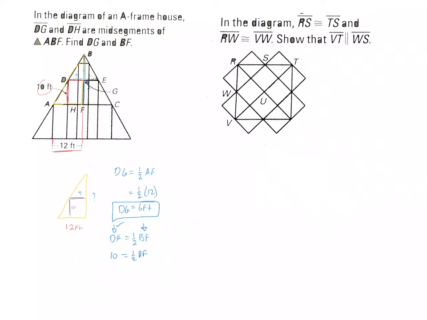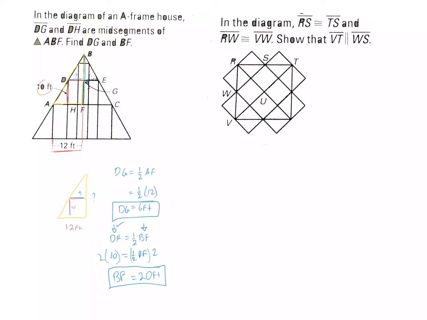So since BF is being multiplied by 1/2, I'm going to multiply it by 2, which is the reciprocal. So that means BF is going to equal 2 times 10, which is 20 feet. So it makes sense. This is half the length of that, so that means this must be double the length of that. This is half the length of this, so that means this must be double the length of that. So DG is 6 feet, BF is 20 feet.